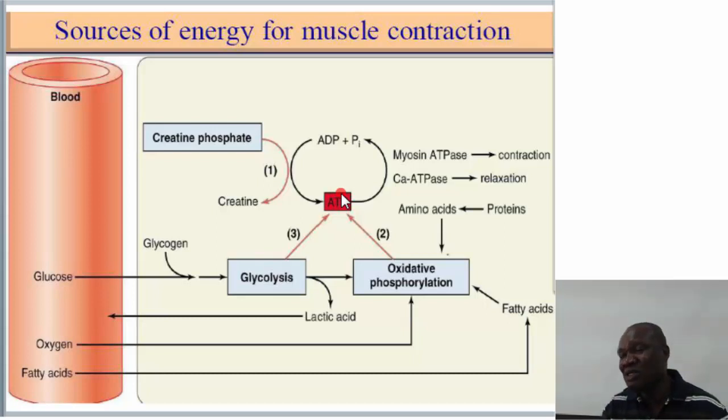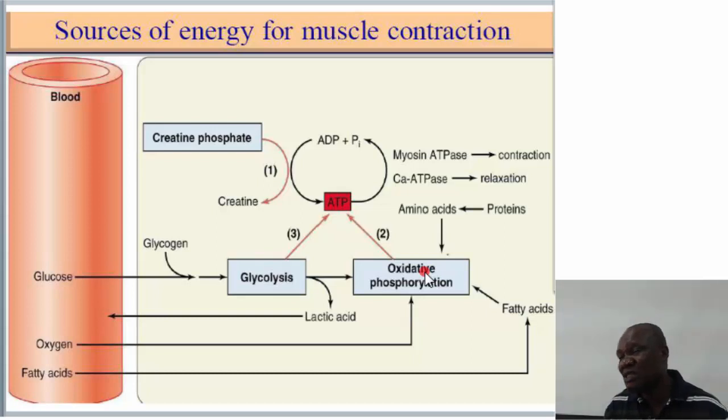Now, in the presence of oxygen, the pyruvate, the acetyl-CoA, will be utilized by going through cellular respiration. Now, the third source of energy supply is oxidative phosphorylation or cellular respiration.